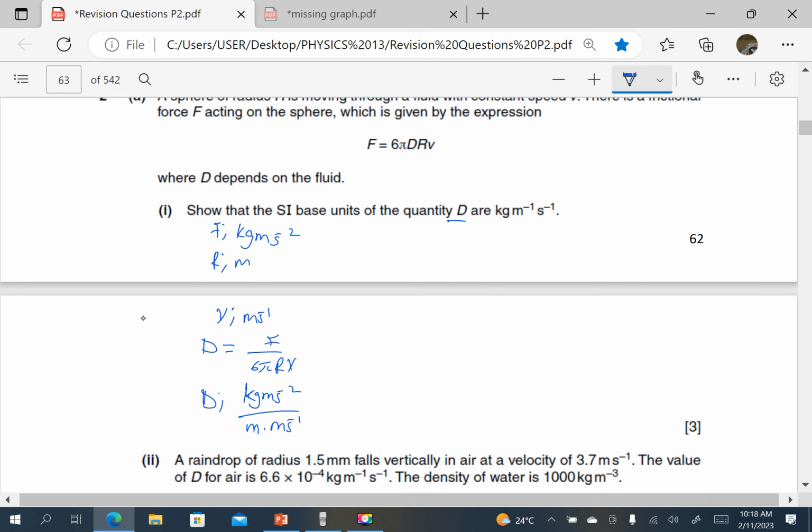We simplify this, one m has cancelled. So the units of d will be kilogram, m to the power negative 1, s to the power negative 2 divided by s to the power negative 1 becomes s to the power negative 1. So those will be the units.